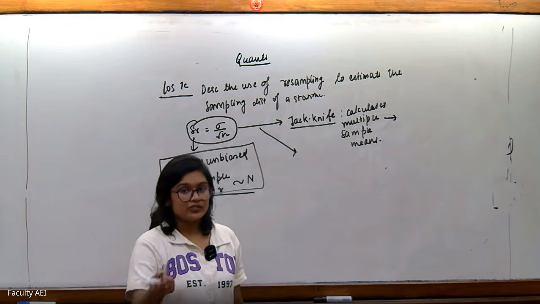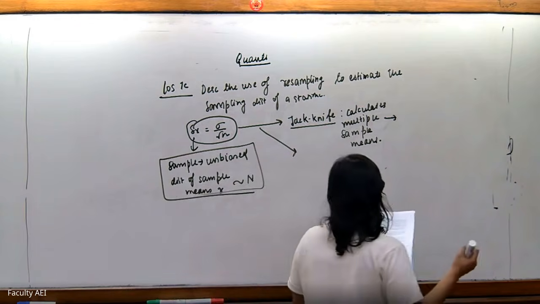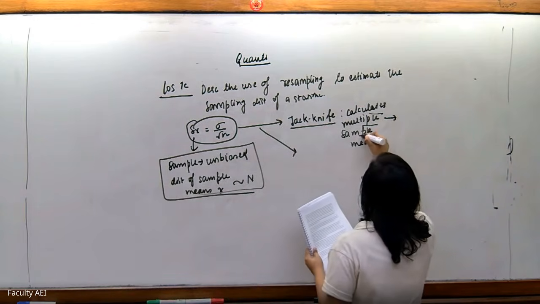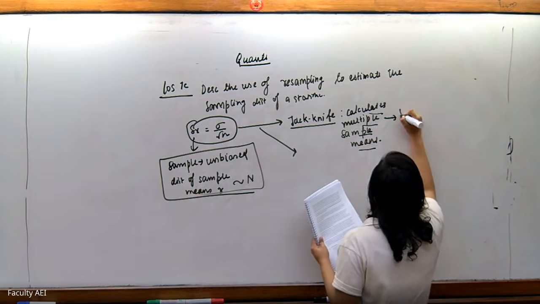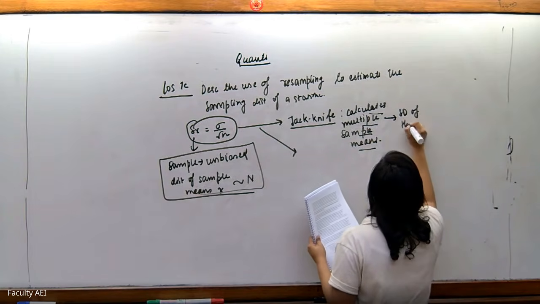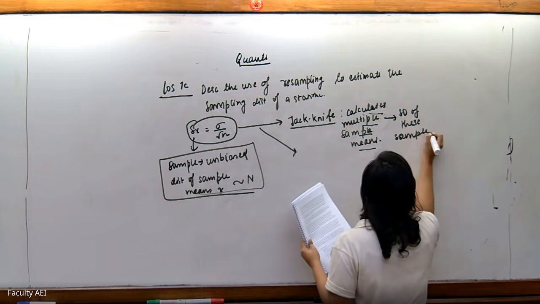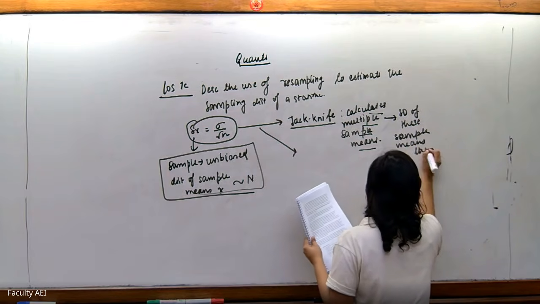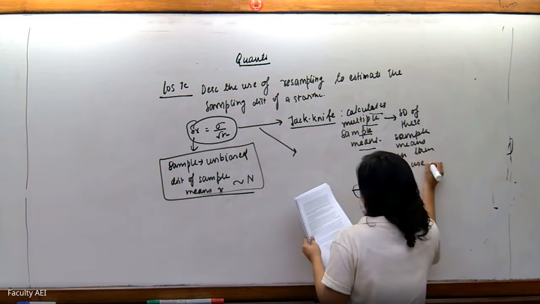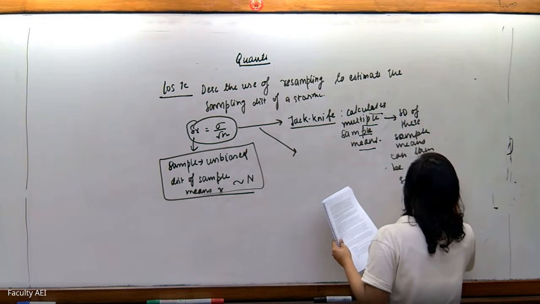In the second run, you remove the second value and calculate the sample mean again. The standard deviation of these sample means can then be used as the standard error of the sample mean.